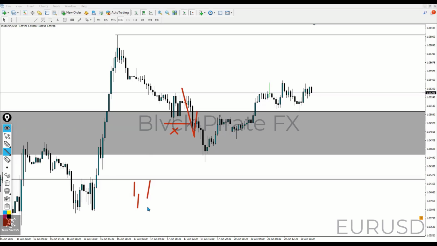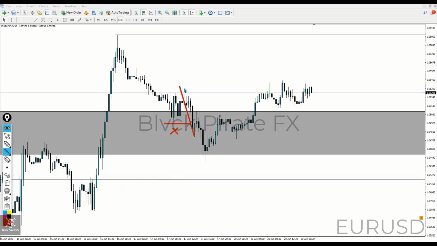So it's a 3-candle pattern. This in itself is called a swing low, and we do create that right there.